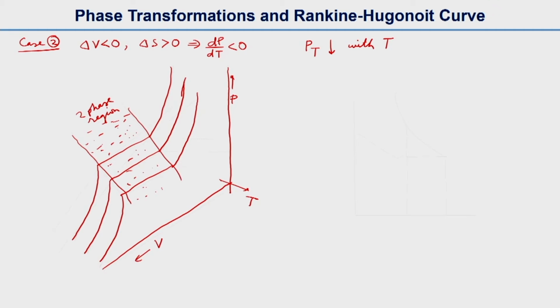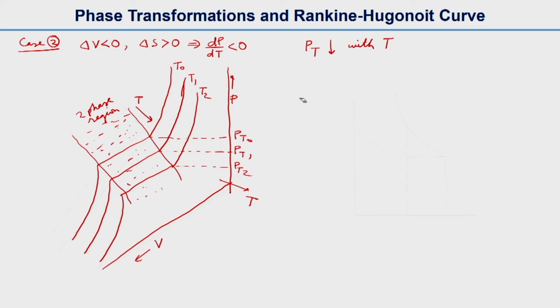That means if we increase the temperature, the transformation pressure will decrease. Here we can see T2, T1, T0 in this direction. So increasing T is in this direction, and when the temperature is increased, the transformation pressure goes PT2, PT1 and then PT0.